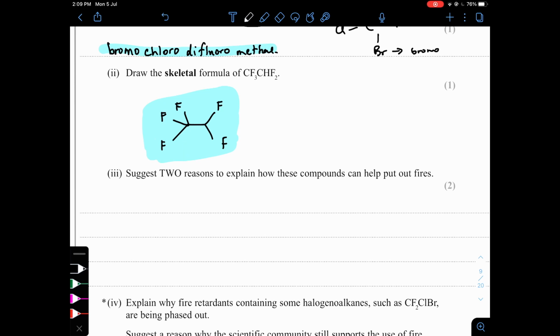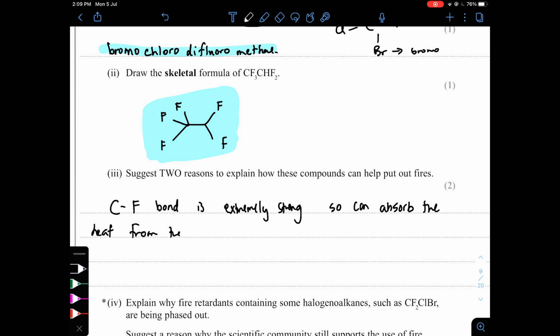Because we know that the C-F bond is very strong, we can say that the C-F bond is extremely strong, so it can absorb the heat from the fires. So we've talked about it being extremely strong. So what else does that mean?